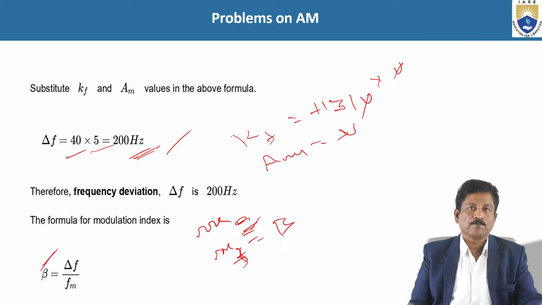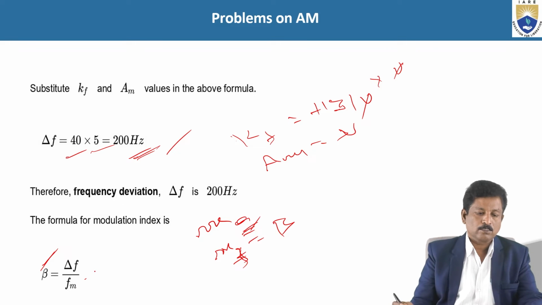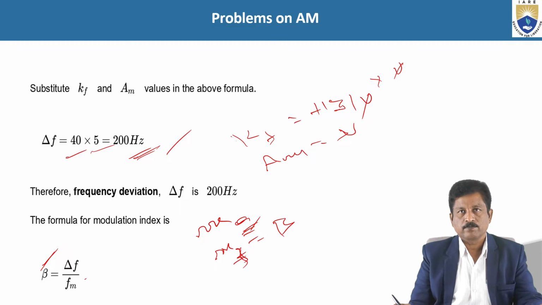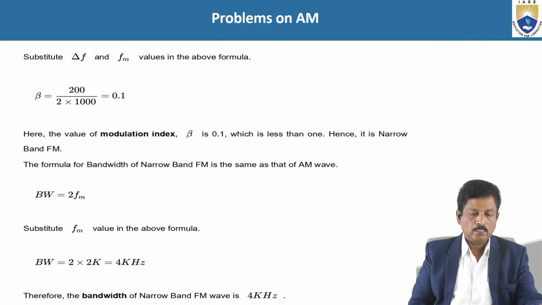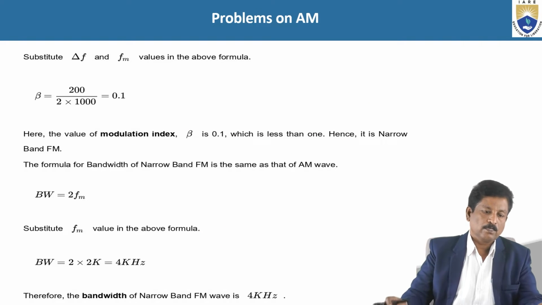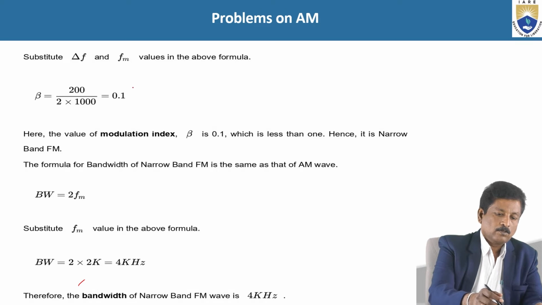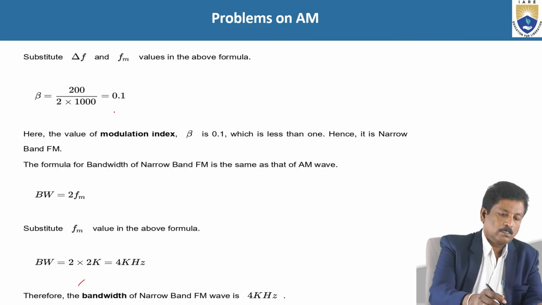Then what is FM? FM is the frequency of the modulating signal, which we also get from the statement of the problem. So beta, the modulation index of the FM, is equal to the frequency deviation delta F divided by the frequency of the modulating signal: 200 by 2 into 1000, 2 kilohertz.